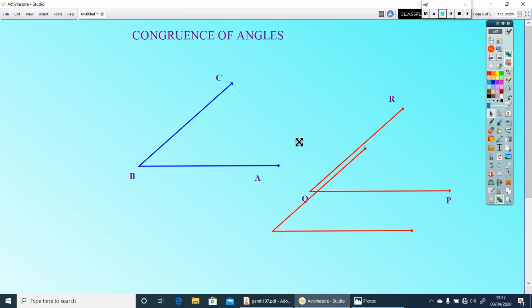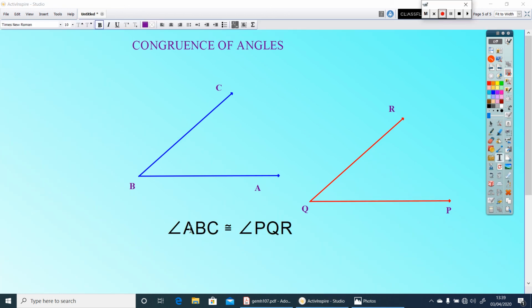Now keep PQR on ABC. Since it exactly covers, you can say that angle ABC is congruent to angle PQR. This can be written as angle ABC is congruent to angle PQR.